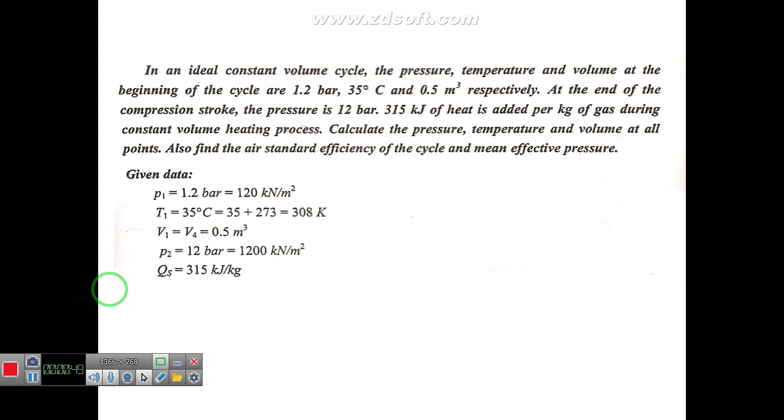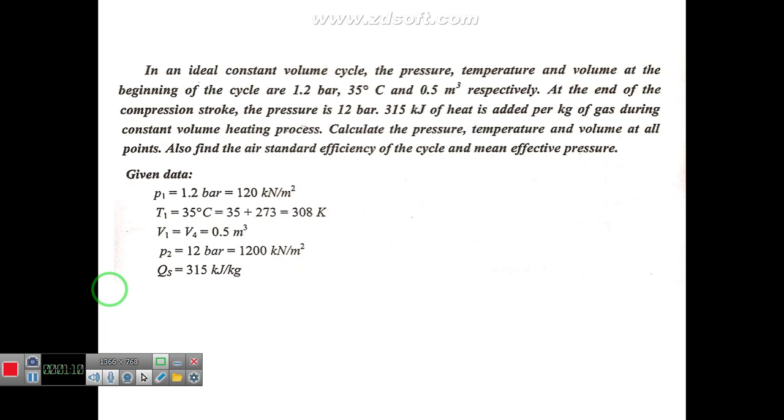In this problem, in an ideal constant volume cycle, the pressure, temperature and volume are given for the beginning of the cycle. The beginning means the initial conditions, that is P1, T1 and V1.